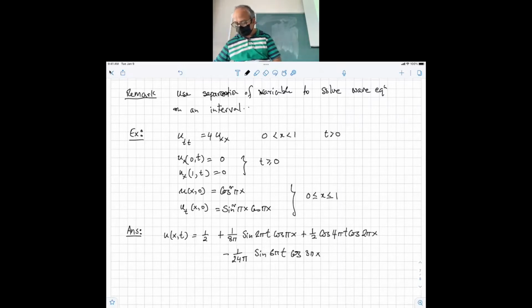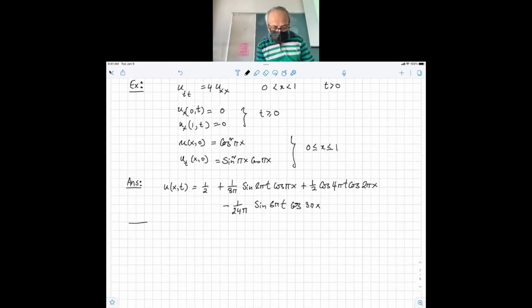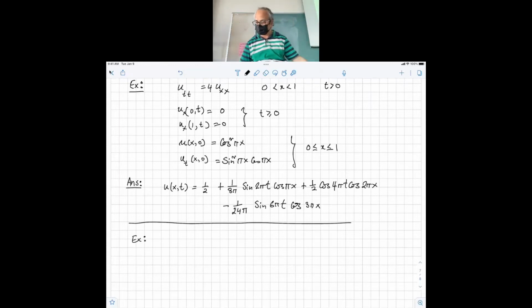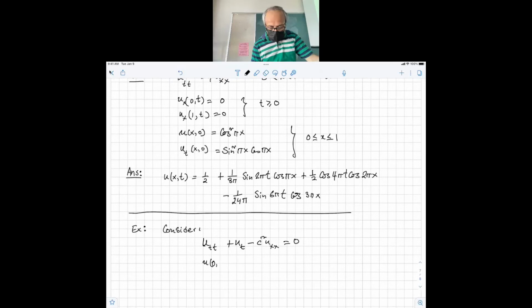Okay. So in the next exercise, we consider the telegraph equation, which is u_tt plus u_t minus c squared u_xx equals 0. u(0,t) equals, sorry, that should be u(a,t) maybe.